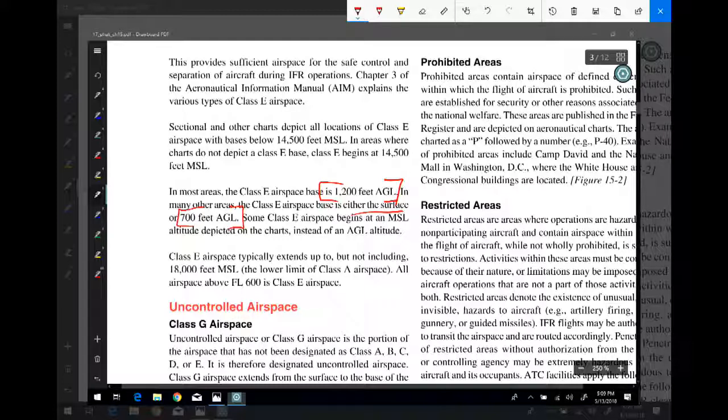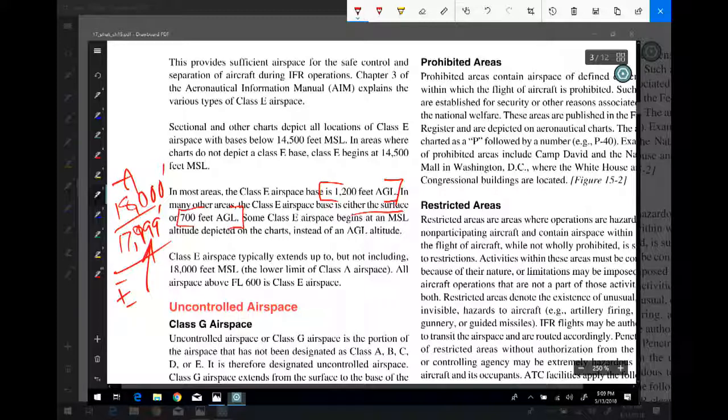Class Echo airspace goes all the way up to 17,999 feet, but not 18,000 feet. Remember, at 18,000 feet, that's Alpha. 17,999 and below, other than Bravo, Charlie, and Delta airspace, in controlled airspace, it's Echo.